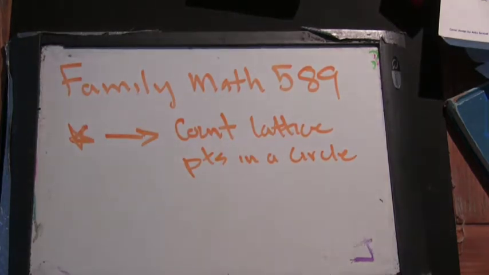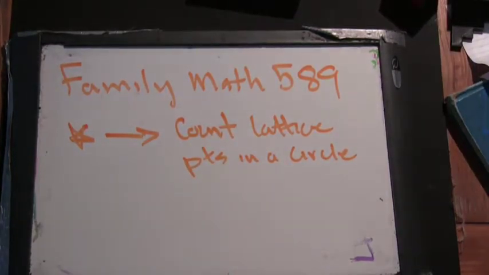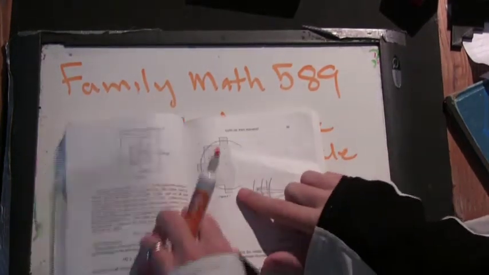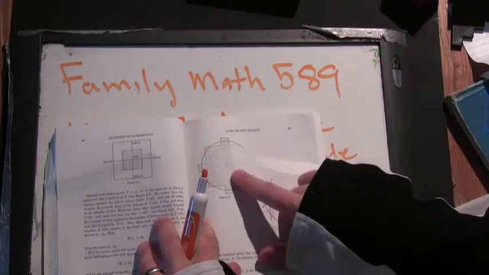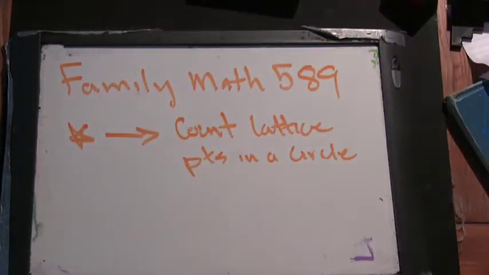Yep, so he was trying to count the number of lattice points in a circle. And actually, rather than drawing that, I'll show you from Chapter 8. There's our circle, and there's the lattice points. So it was a similar idea there.